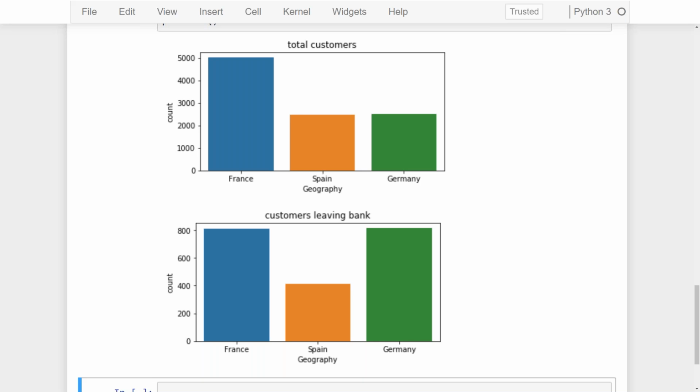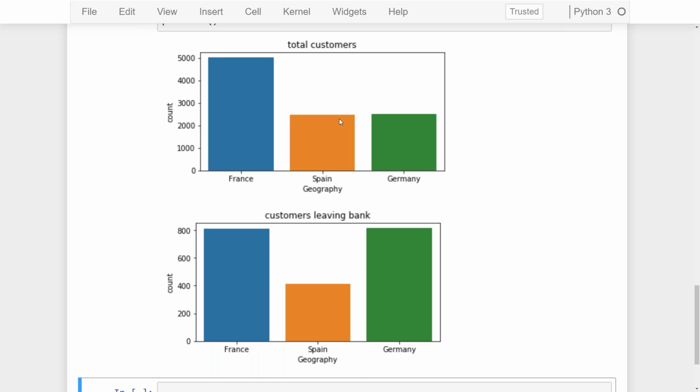So there are some local challenges in Germany compared to the overall challenges, or some issues with the customers only exist in Germany, which don't exist in France and Spain, right? So looks like geography is also an impacting feature.